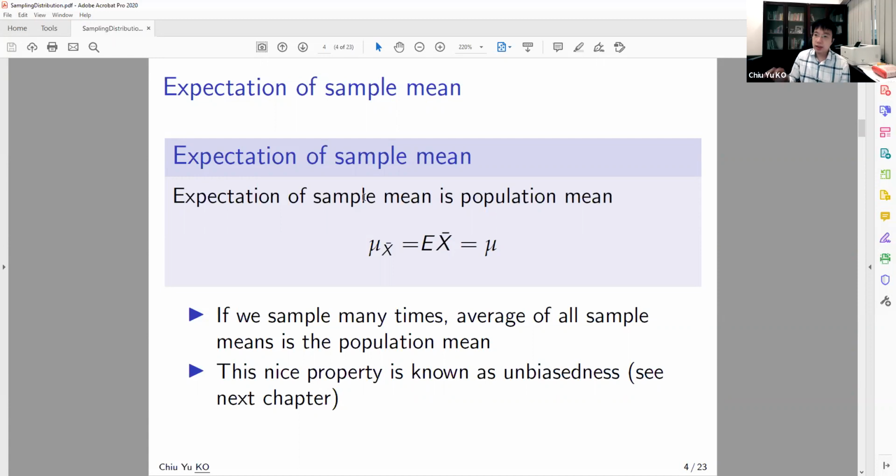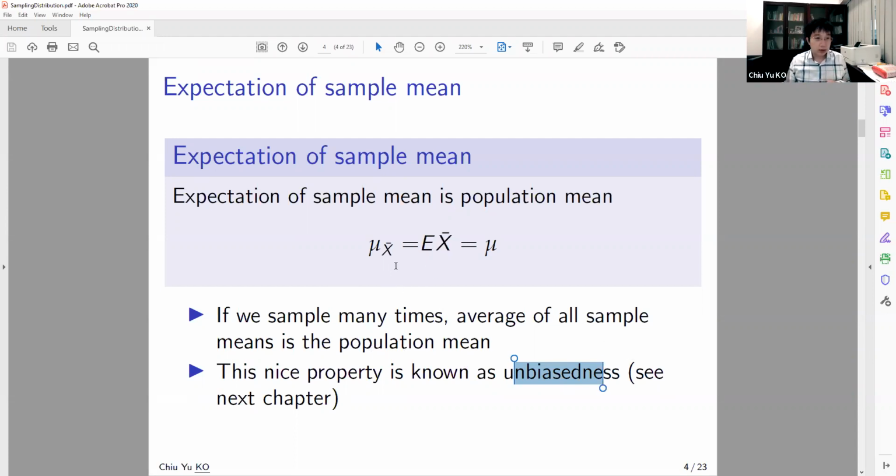In other words, if we do many samples, each sample gives you a sample mean. Of course, in the real world we just do it once, but in theory we can do many. The mean of all the sample means, which is the expectation, is the population mean. This nice property is called the unbiasedness of the sample mean.